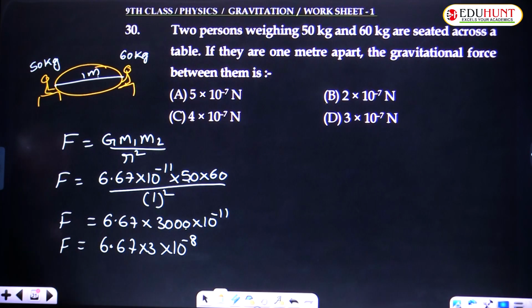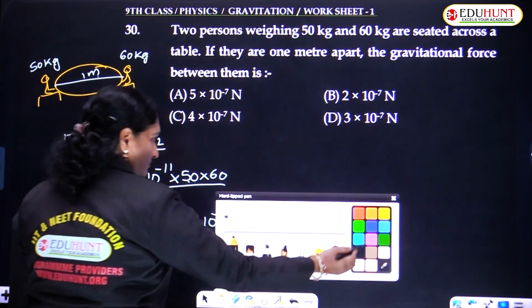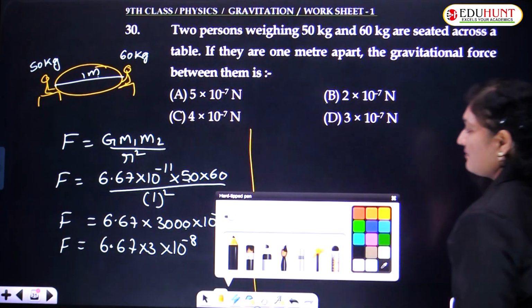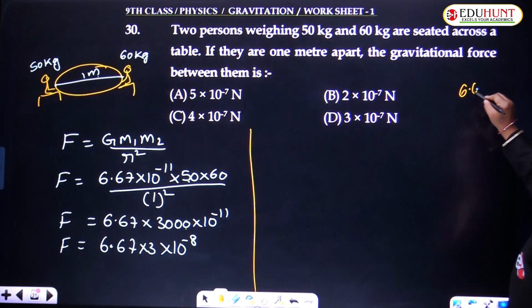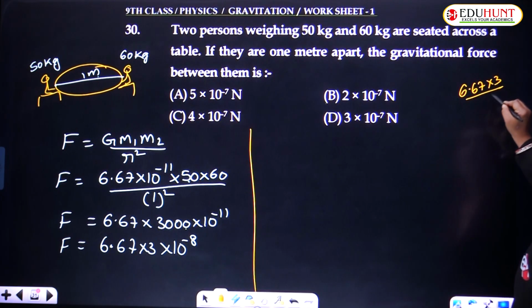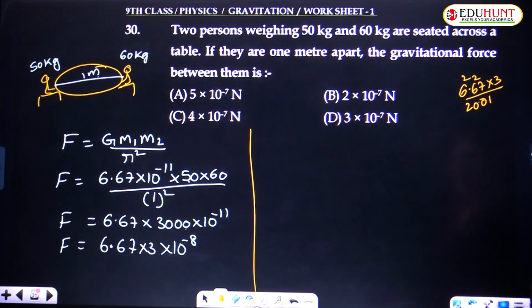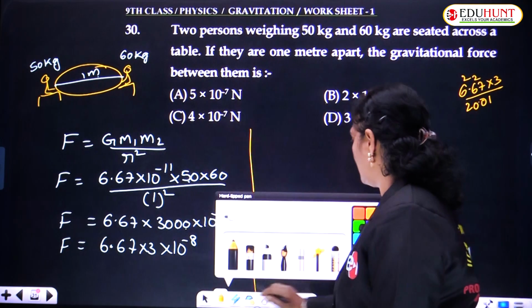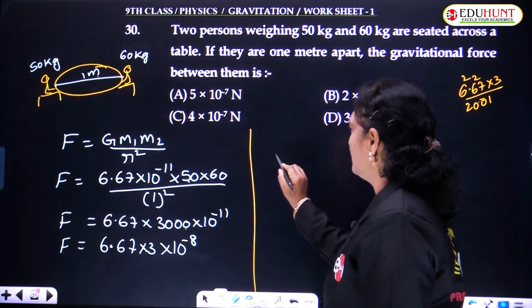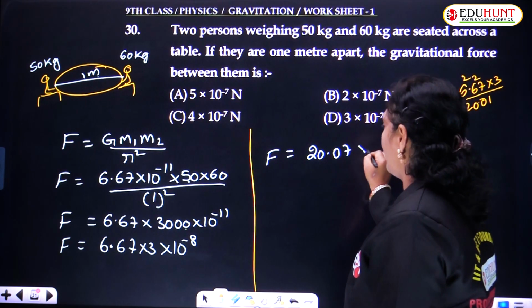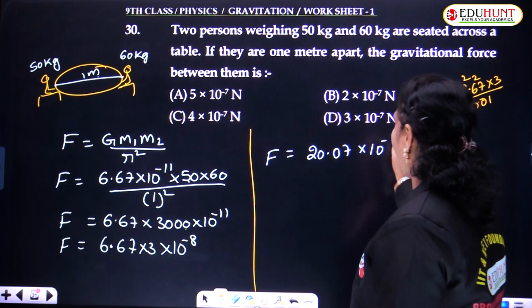So this is the proper value of F. So multiply 6.67 with 3, children. If you multiply 6.67 with 3, you're getting 20.01. Okay, so F is found to be 20.01 multiplied by 10 power minus 8.